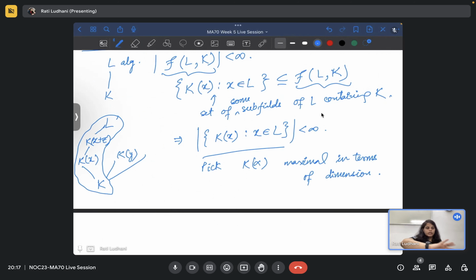Okay, so like in this situation you pick the maximal one. There could be many, there could be some other from this direction, so K(y) is maximal if there is no other in between, but you pick one maximal.